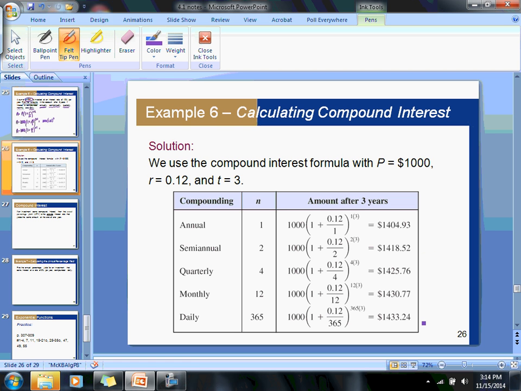Okay? So notice that even if it's compounded daily, you're really only getting, what, about 29 more dollars in that situation? Okay? So there's not a whole lot of difference in the amounts. Okay? But you can see how compounding it more does get you a little bit more interest or a little bit more money out.